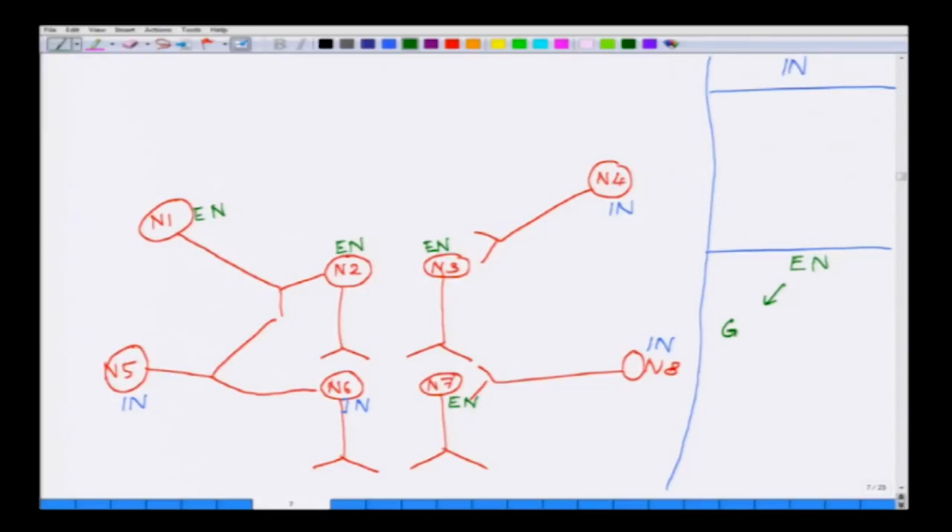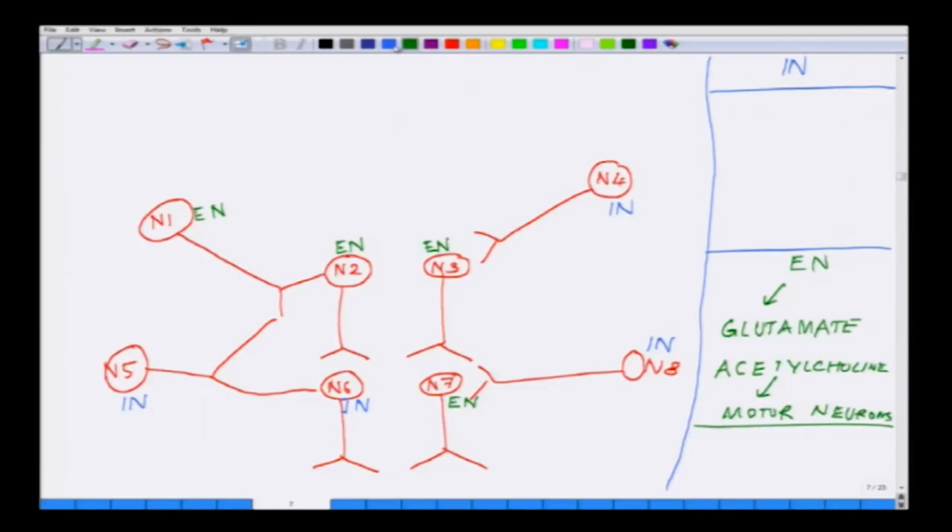ENs could be, let us assume, glutamatergic neurons. These are called glutamatergic neurons, acetylcholine or cholinergic neurons, which are essentially the major chunk of the motor neurons, except Drosophila, where they are glutamatergic.